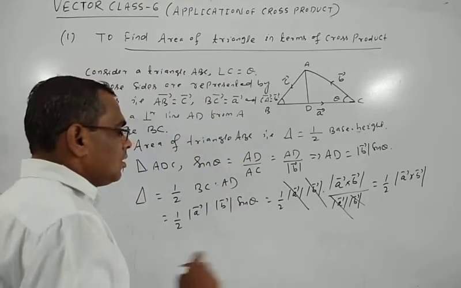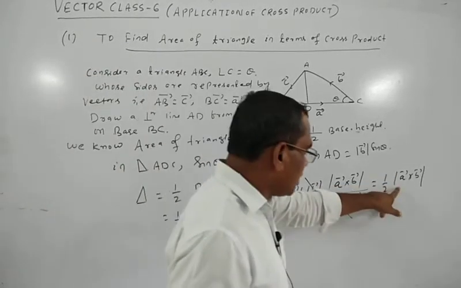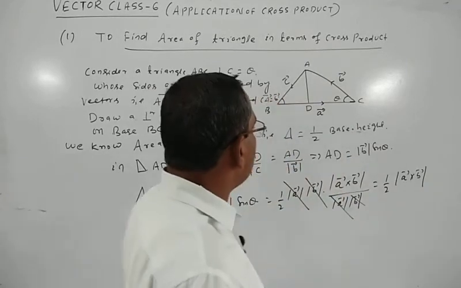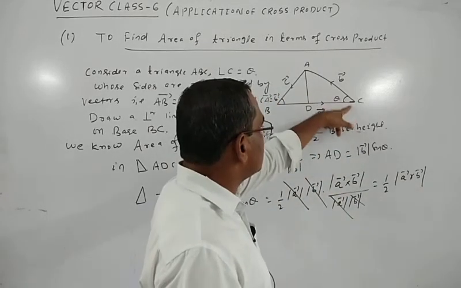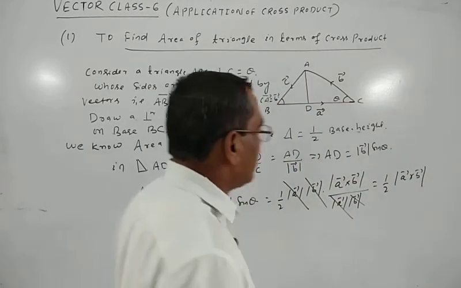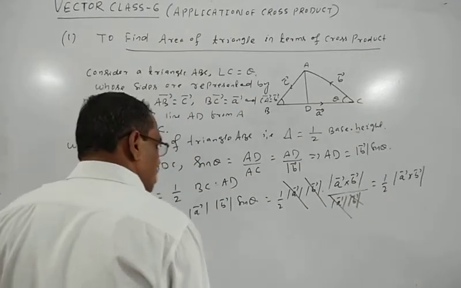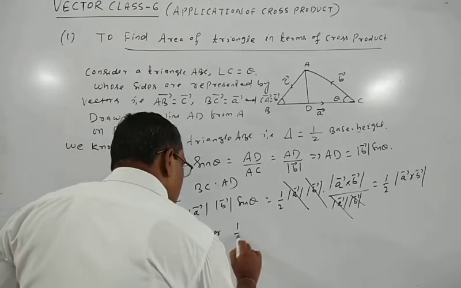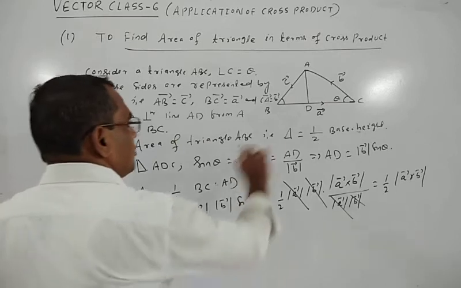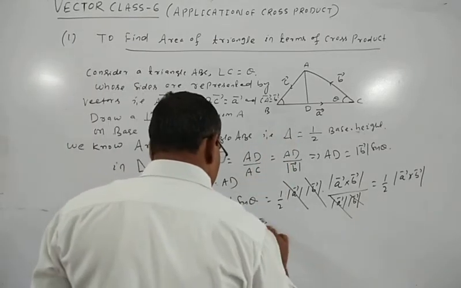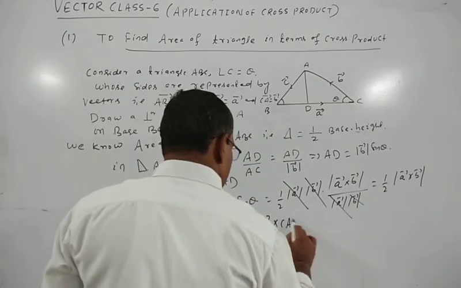Okay. But half into A vector means what? A vector means BC vector, B vector means CA vector, so it can also be written as half into the magnitude of BC vector cross CA vector.